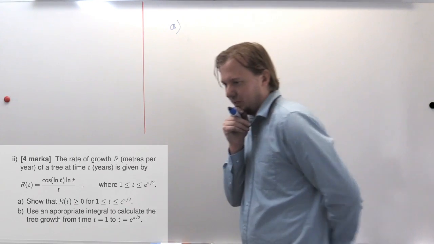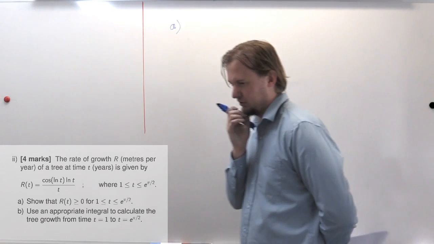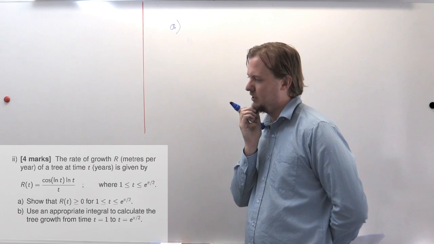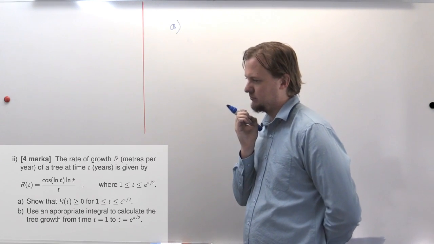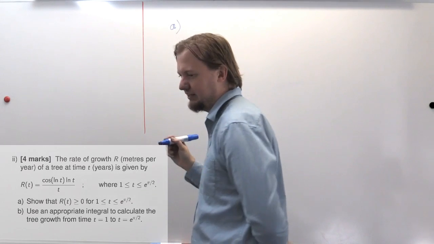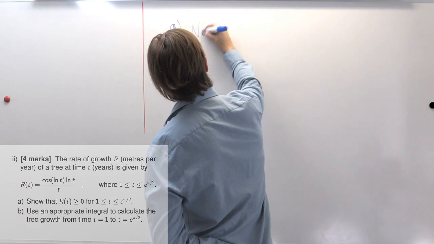So the first part here is we're told to show that the growth rate is positive for this time period, because this equation won't always return positive numbers. Probably the easiest way to see this is to note the following.